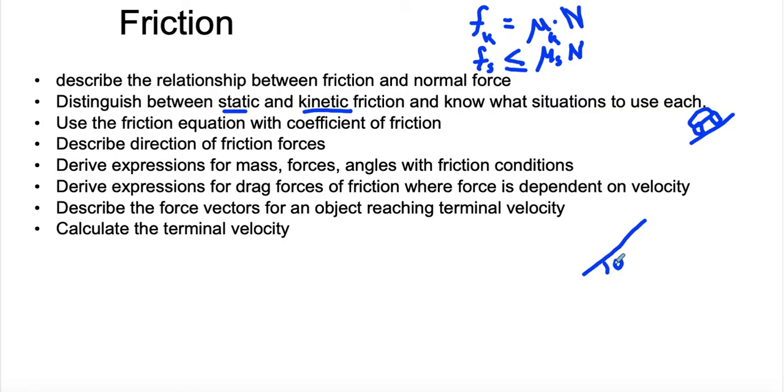Remember our vectors, that x is usually associated with the cosine of theta and y is with the sine of theta. But with friction or inclines, we always switch it. Our normal force is coming straight out like this. And then maybe our friction force is upwards. If it's trying to slide down, then our friction force is going to be upwards.